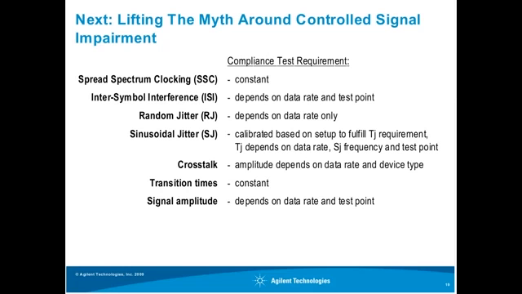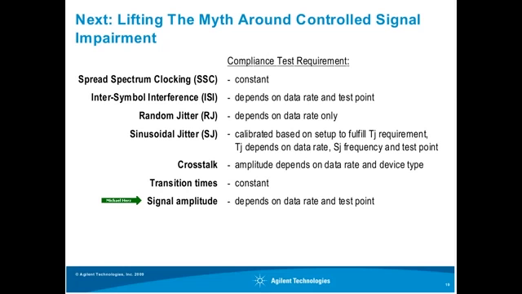This is spread spectrum clocking, inter-symbol interference, random jitter, sinusoidal jitter, crosstalk, the transition time of the signal, and the signal amplitude. And I will have more slides on each component, so I will explain more in detail what is behind that. But you should take from here that some of those are actually kept constant in compliance testing.